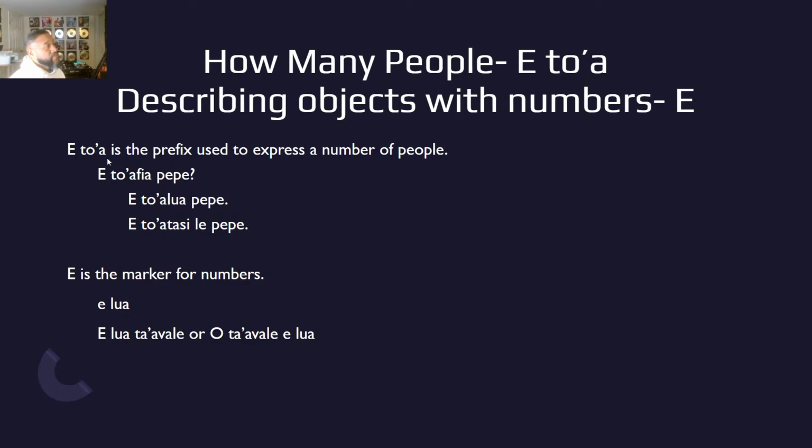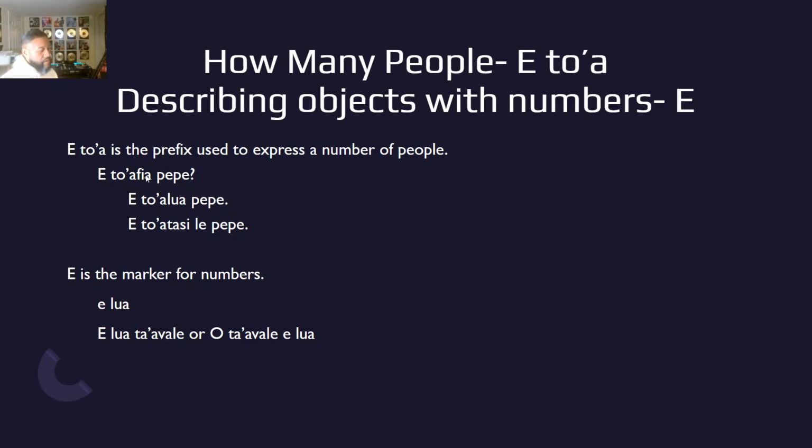And then after the "toa," if you're asking how many, so "e toa fia," and then we're saying "pepe," how many babies, right? Because we're talking about babies, "pepe," in front of the "fia," in front of the how many, we have to say "toa," "e toa fia."